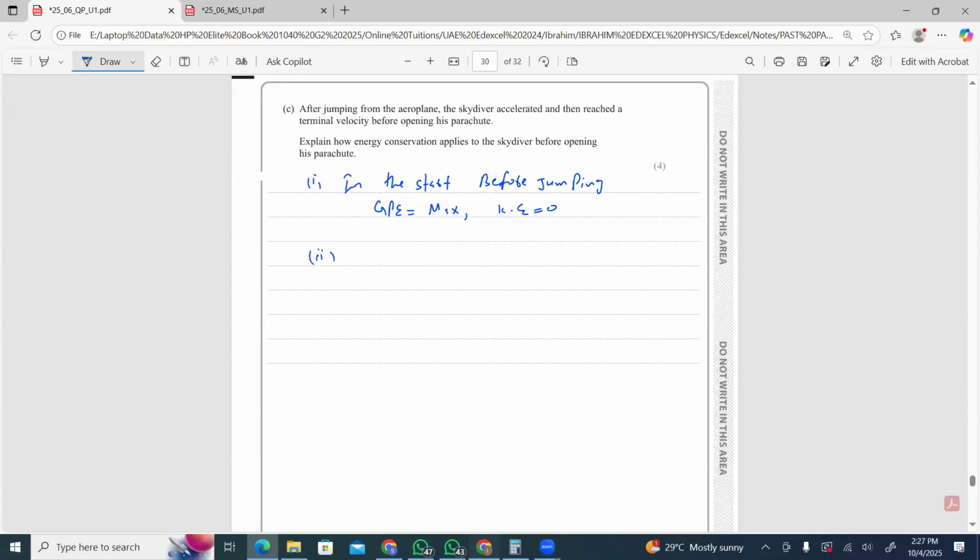Then just after the jump, GPE starts to decrease and KE starts to increase.